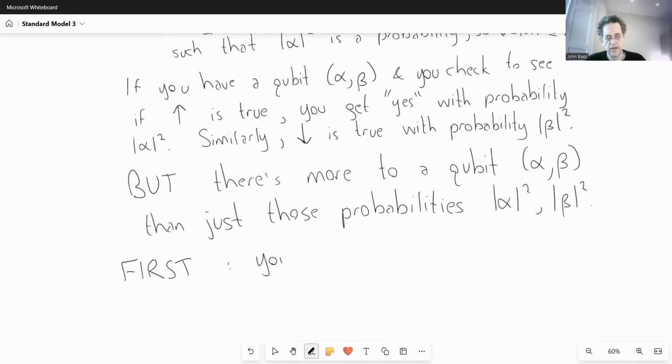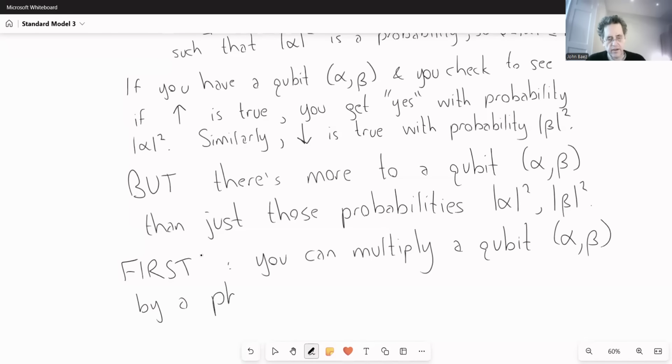You can take a qubit and you can multiply it by a phase, say C. I'll tell you what a phase is in a minute. It's a kind of complex number. I'll take you out of your suspense.